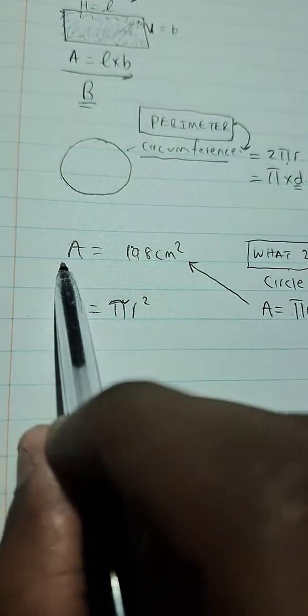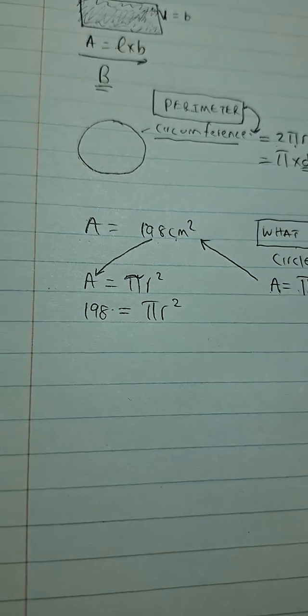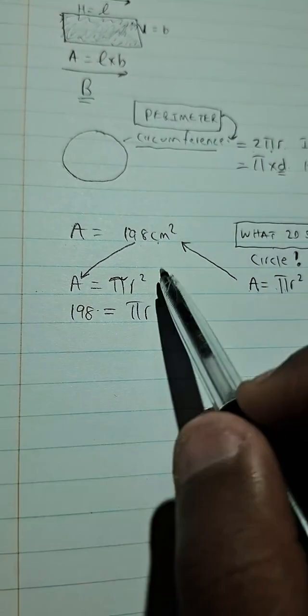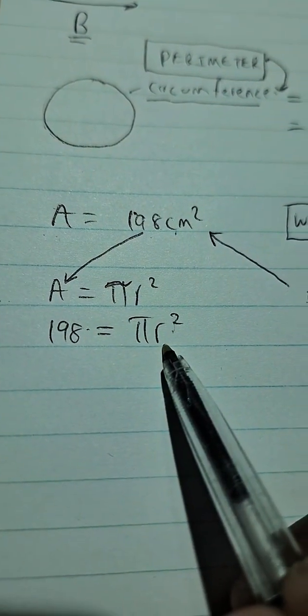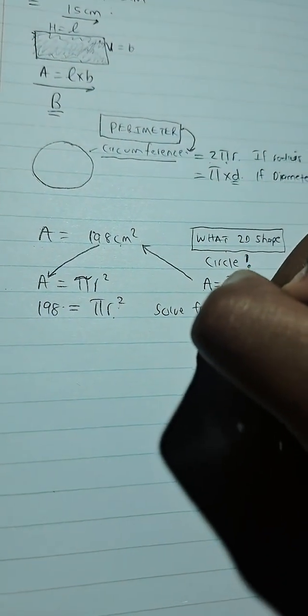We go to A and we write 198 in the place of A, then we say equal to pi r squared. Then we are now going to solve for r.